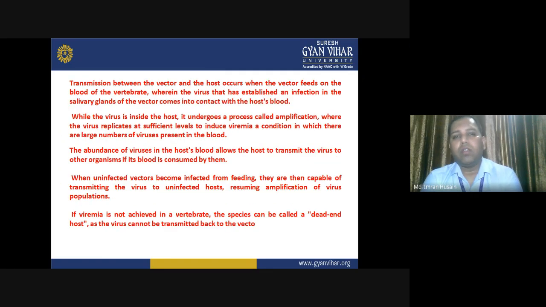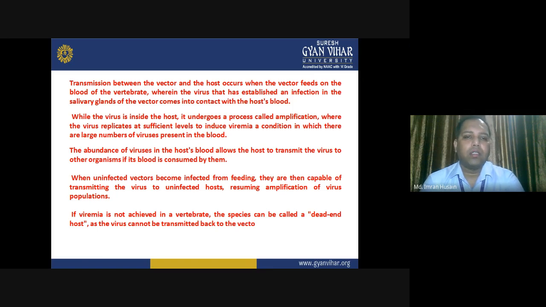Transmission between the vector and the host occurs when a vector feeds on the blood of the vertebrate organism, wherein the virus that has established an infection in the salivary glands of the vector comes into contact with the host blood. So it is mostly present in the salivary glands of the vector.